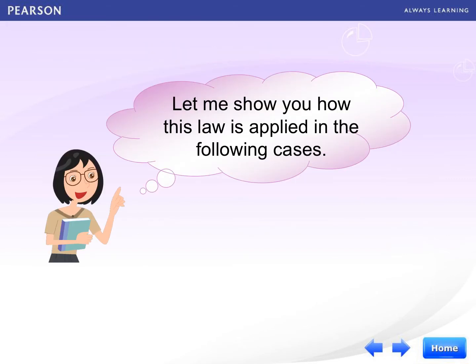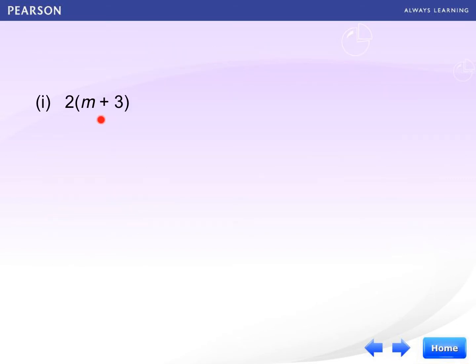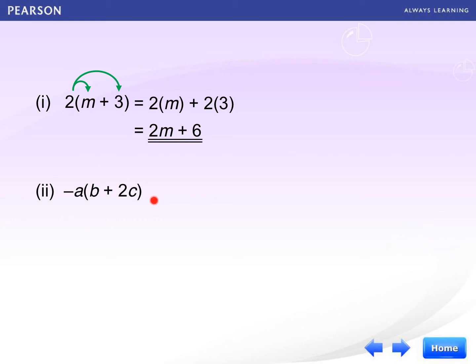Let's look at some examples. How to expand this expression? We multiply 2 to all terms inside the bracket, and then it becomes 2 times m plus 2 times 3. Then we get 2m plus 6 as the answer. How about this? We multiply negative a into the terms inside the bracket.